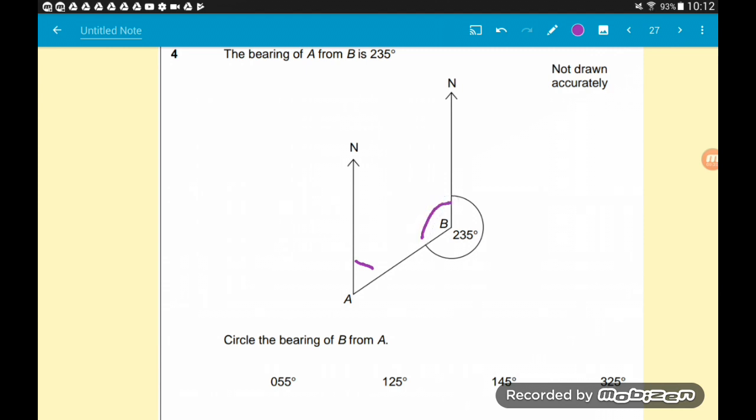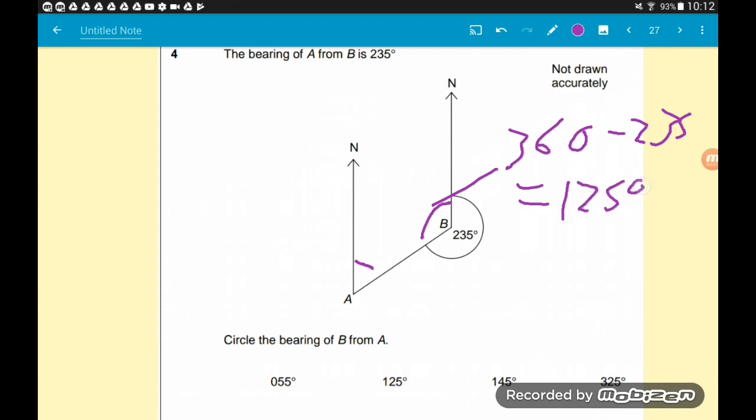Again, these two angles are co-interior. So this angle here is 360 minus 235, which is 125 degrees.